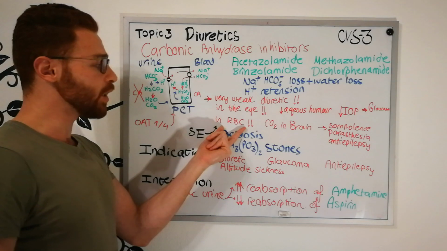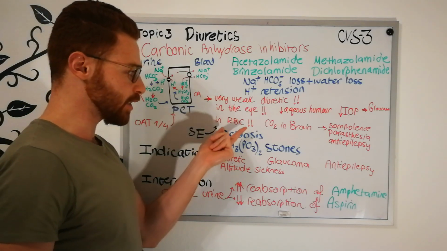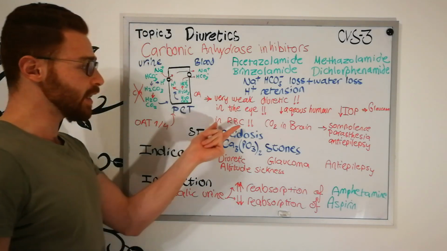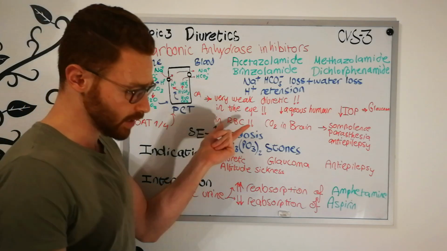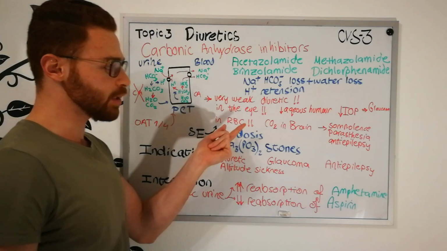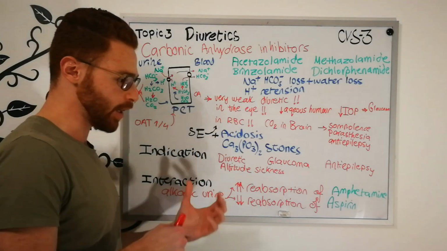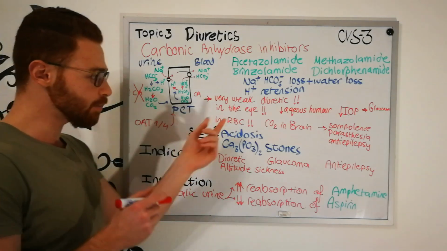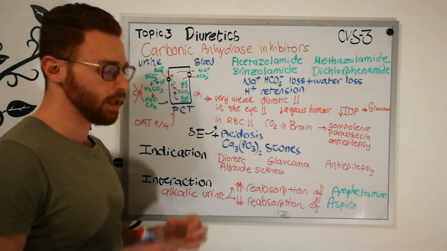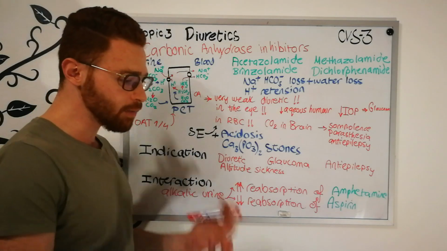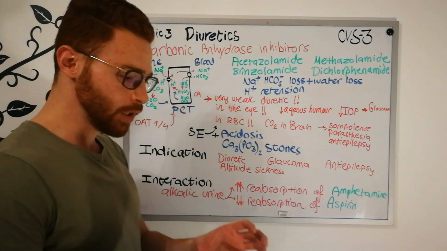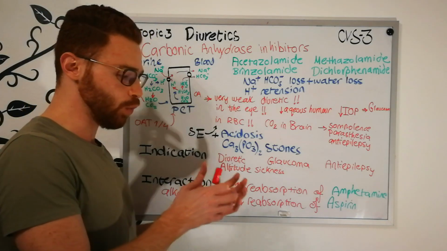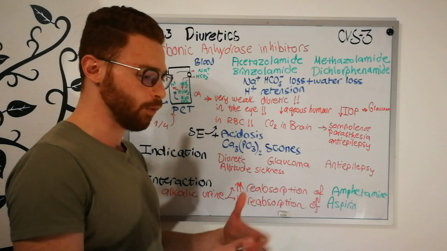Now, we know that in the red blood cells, as you studied in physiology, there are different forms of transporting the carbon dioxide. And one of them was using the carbonic anhydrase, right? And if we inhibit the carbonic anhydrase in the red blood cells, this means that the red blood cells are no longer able to carry the carbon dioxide away from the tissues towards the lung to be eliminated from the body.